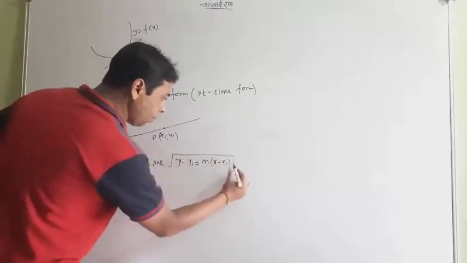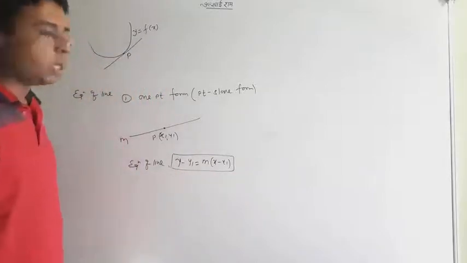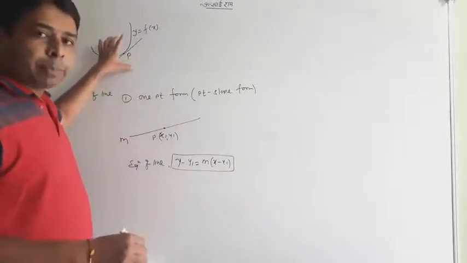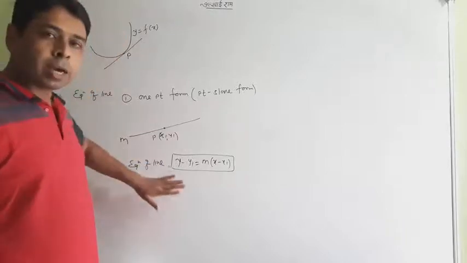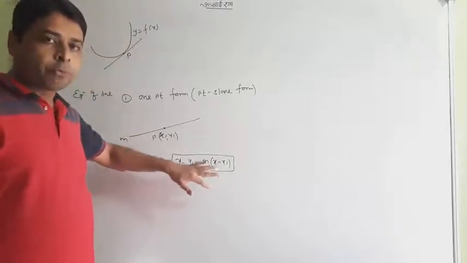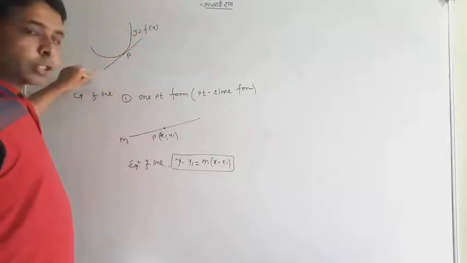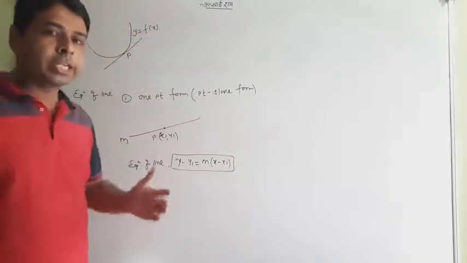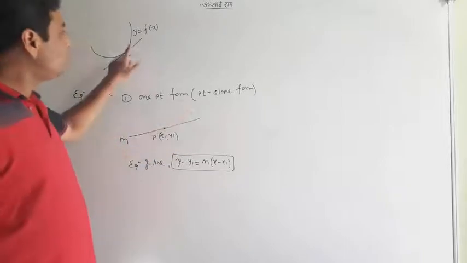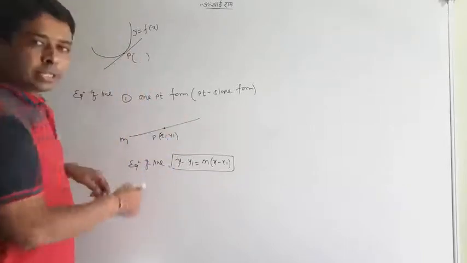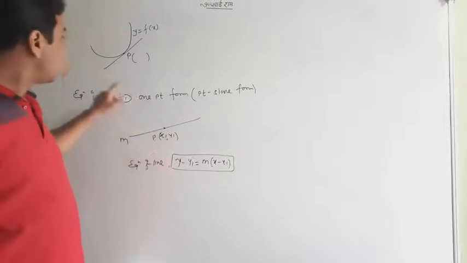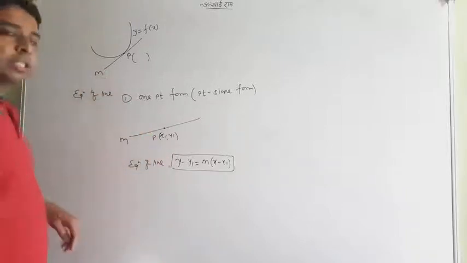This is one of the important formulas, because in this topic it may come many times where we have to find the equation of a tangent. What is needed? The point P through which this tangent passes, which is called (x1, y1), and the slope of this tangent.